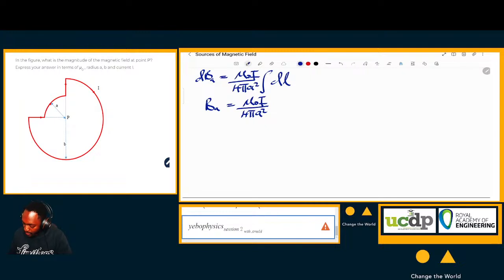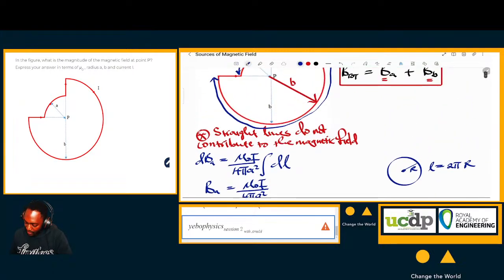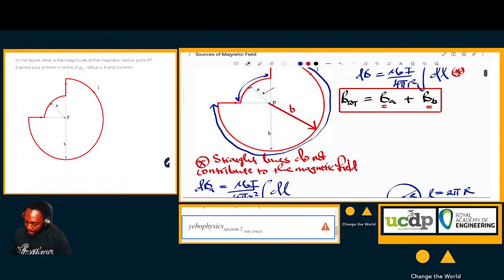We know that for a complete revolution L is equal to 2 pi r. But if you look at what we have in this case for A, this is just a quarter of a circle.